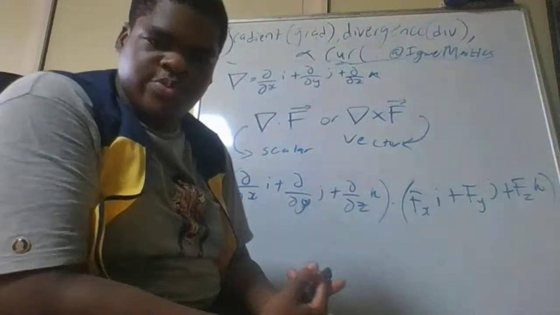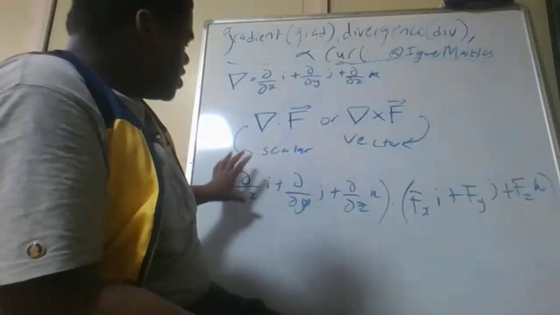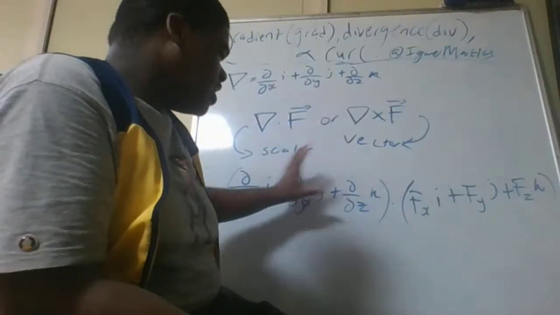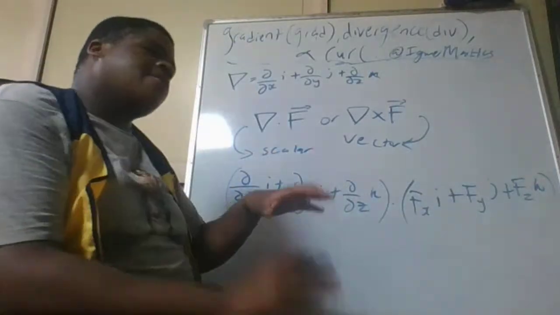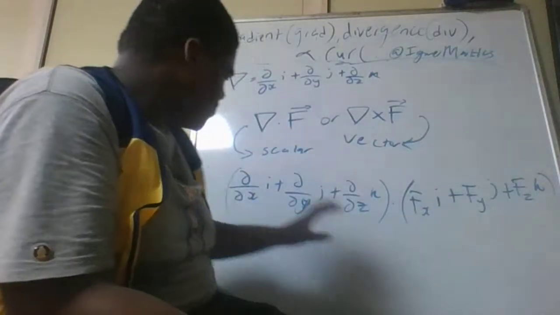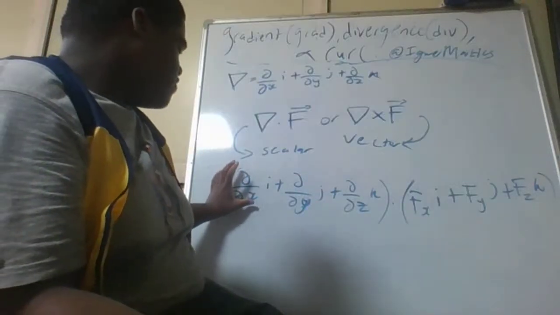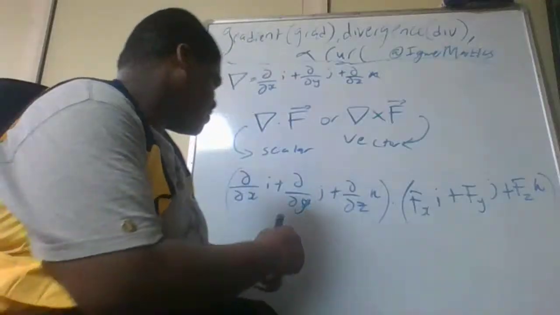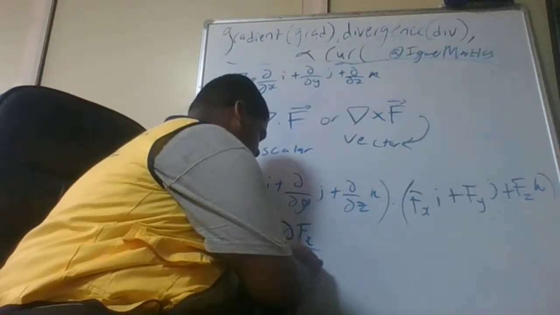Now, how do you apply dot products? Dot products are very easy to apply: basically you multiply the i component, plus you multiply the j component, plus you multiply the k component. You expand it normally, algebraically. Remember, you have your partial x i times your f of x i. Then you get your partial f of x with respect to x.